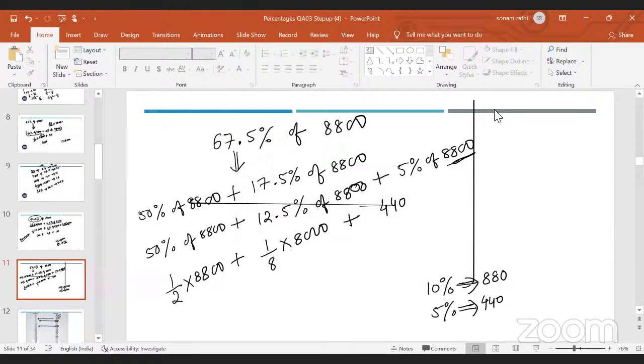Now solve this. Simple. Tell me what will be the final answer. Madam, it's 8,800 on the second one.